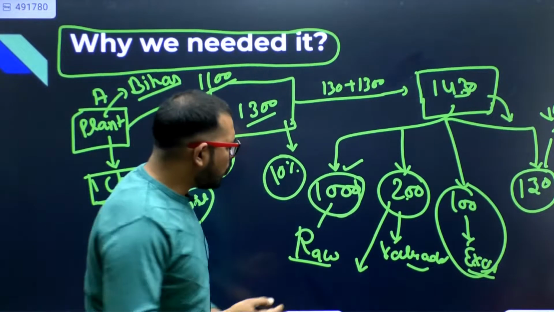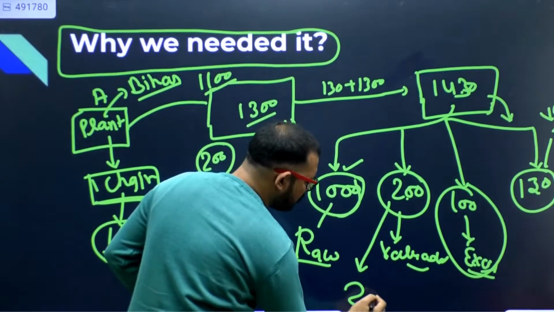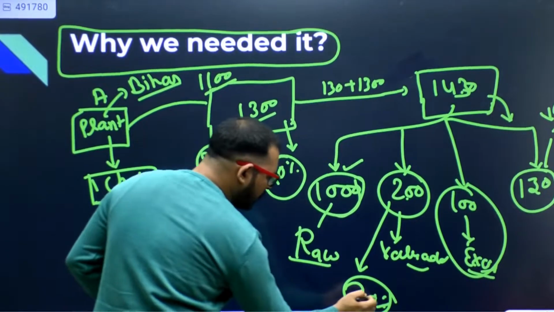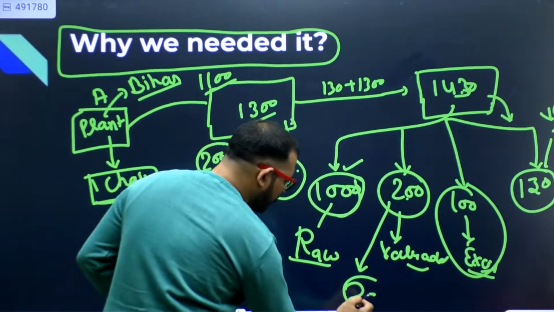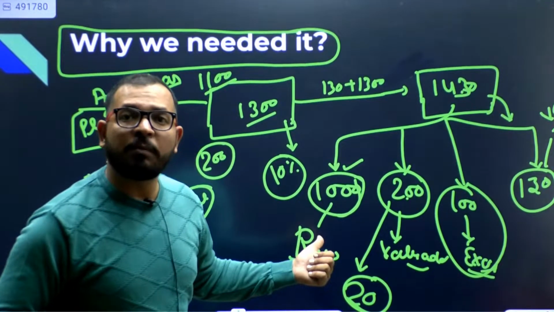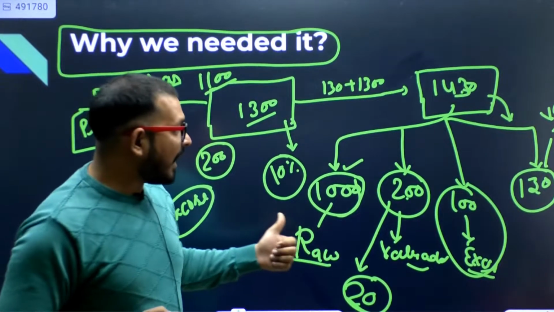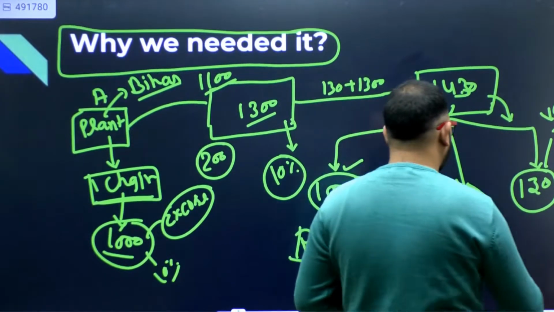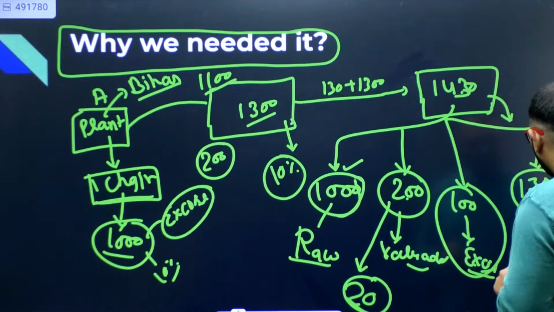So it means only 20 rupees, not percentage, sorry, only 20 rupees should be the value added tax paid to the government. But how much was actually paid? 10 rupees more. Why 10 rupees more?